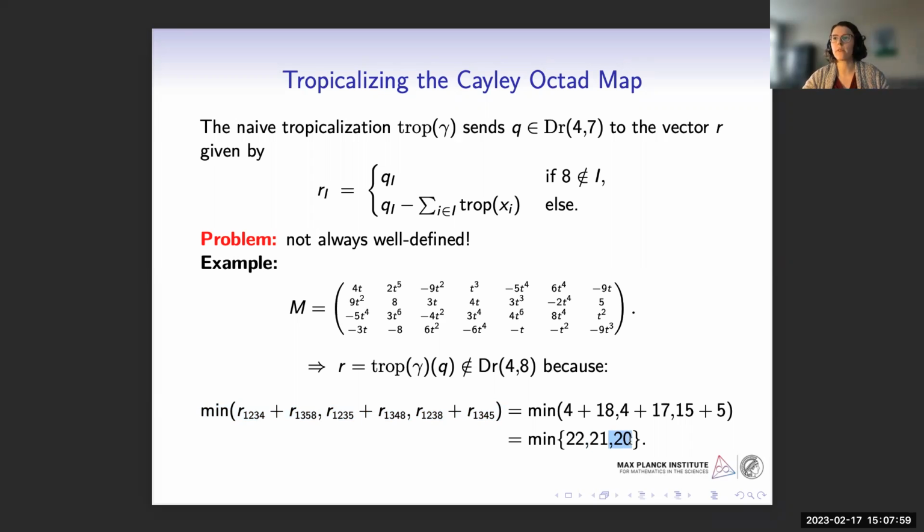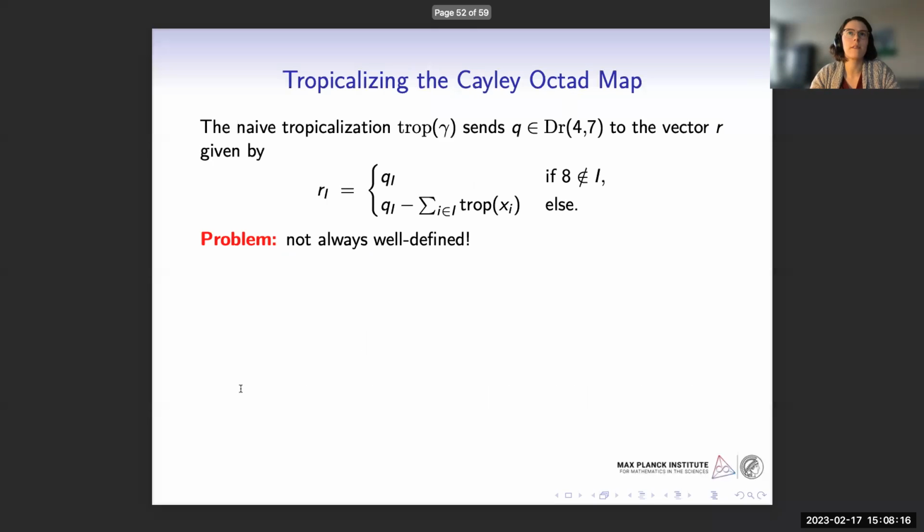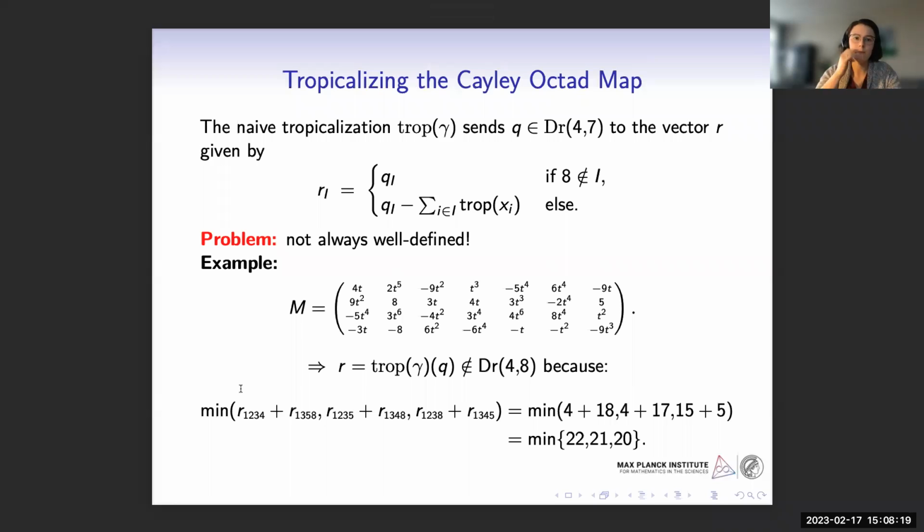Of course, the reason for this is that in the map we've seen before, the x_i are binomials, so cancellations can appear. It's not as nice as with the Pachter-Sturmfels map, which was monomial, so we tropicalize it and get a linear map. Here cancellations appear, and we do not get what we would love to see.